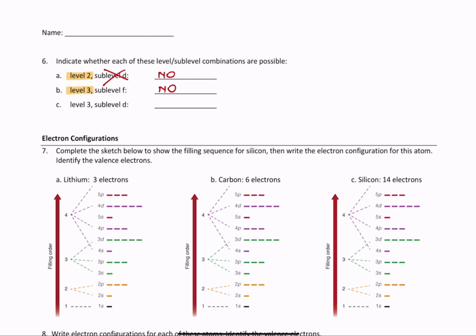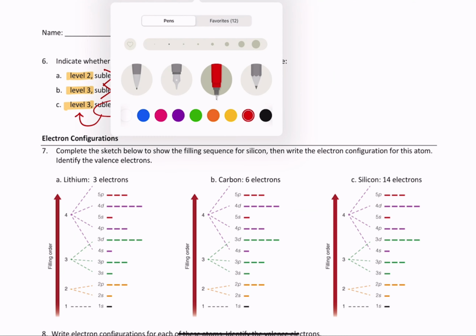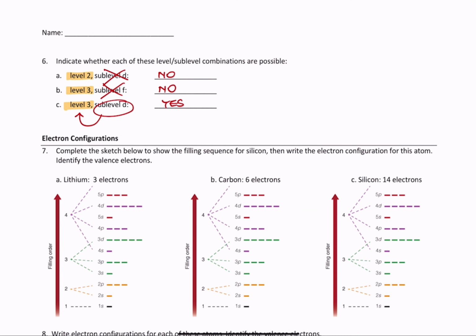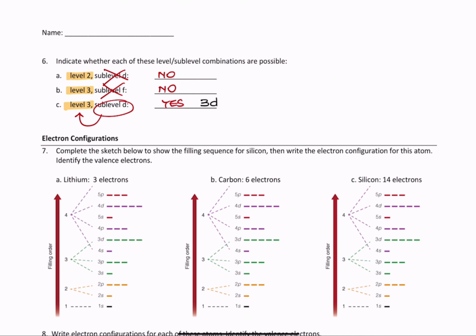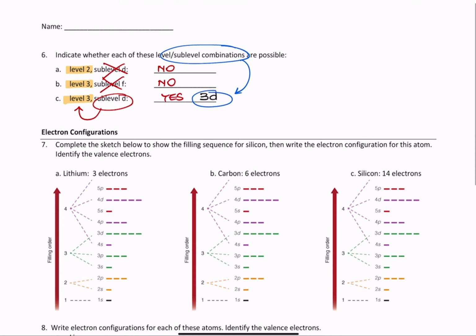On level 3, we can find the S, P, and D sublevels. Therefore, this sublevel does exist on level 3, and this combination is possible. When we write this combination, we write the number first, followed by the letter. This is how you represent the level-sublevel combination. The 3D does exist.